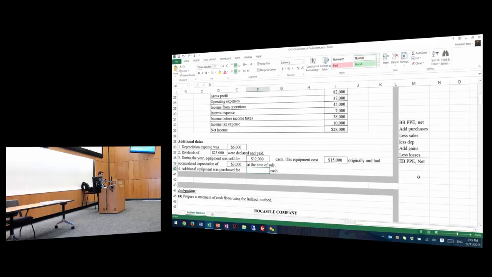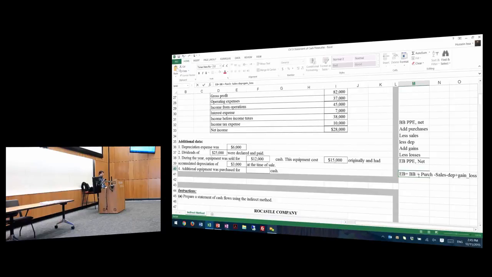Purchases, so in this case, if you want to do it this way, ending balance is equal to beginning balance. I'm going to remove the word PP&E, net, because it's the same thing. So beginning balance plus purchases minus sales minus depreciation plus gain minus loss.